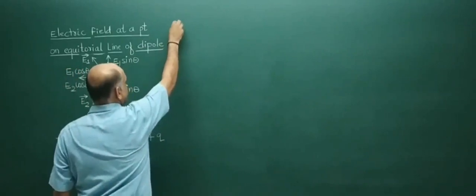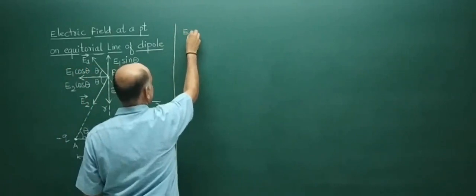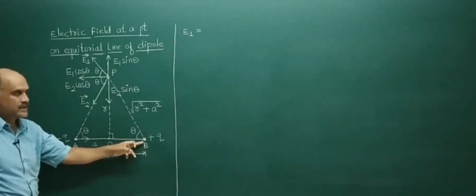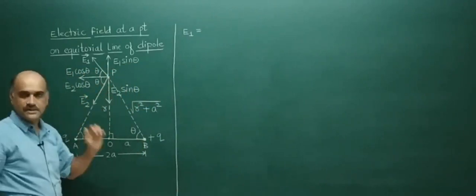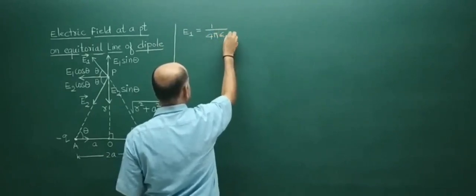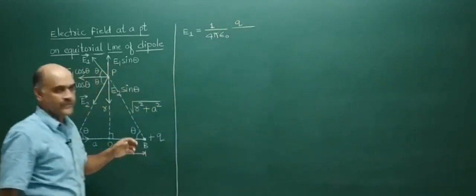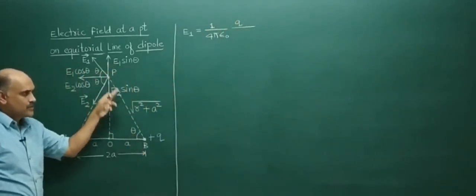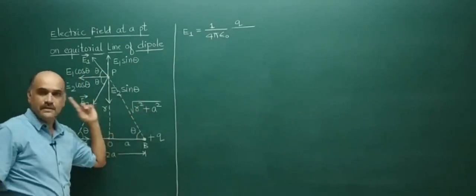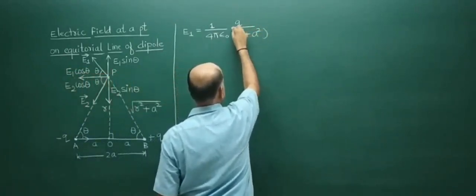Now I will write the expression for E1. E1 is the electric field due to plus Q. By the formula, 1 by 4 pi epsilon naught, Q divided by the distance squared. The distance is from here to here, BP, the root of r square plus a square.